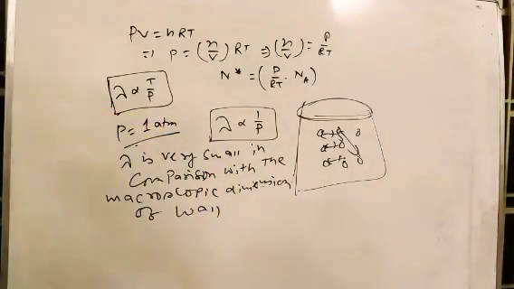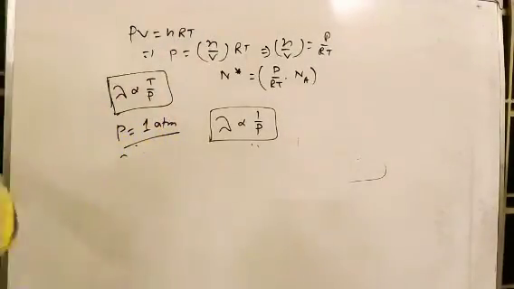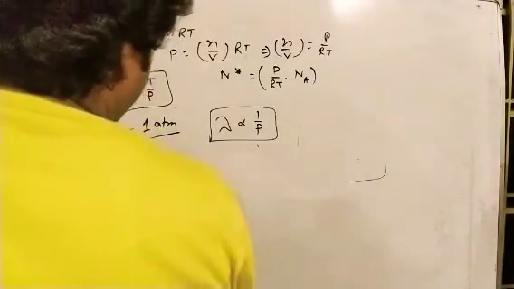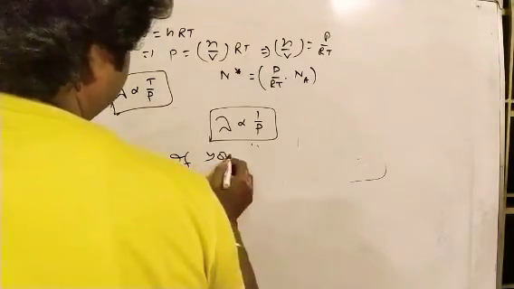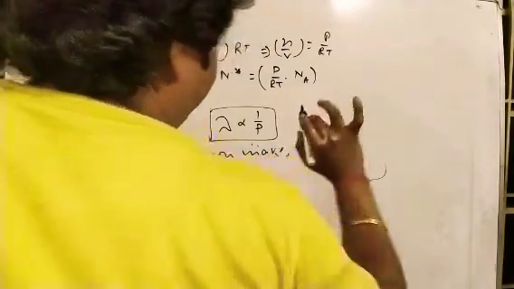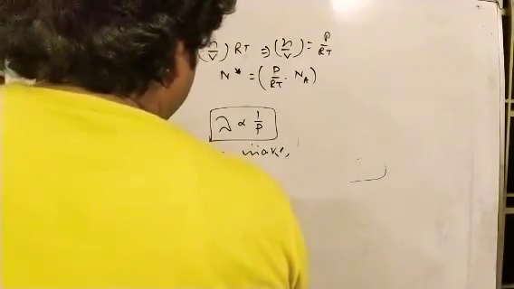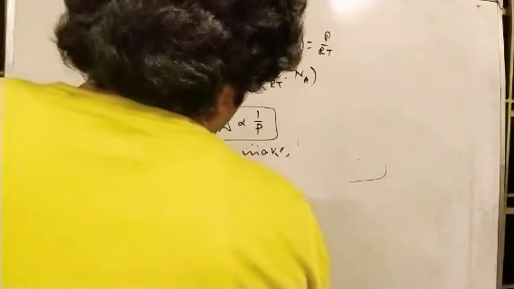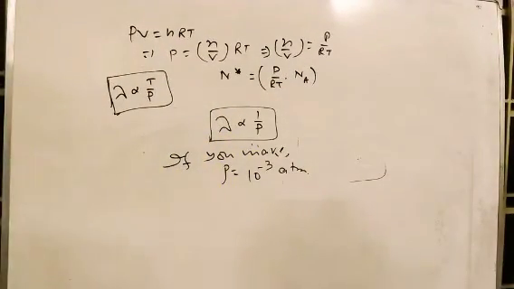But if you now make a pure vacuum, that means the pressure will be around 10 to the power minus 3 atm, or even smaller, 10 to the power minus 4, 10 to the power minus 5.